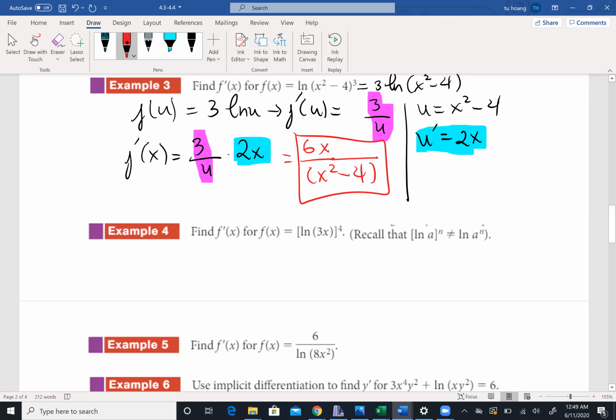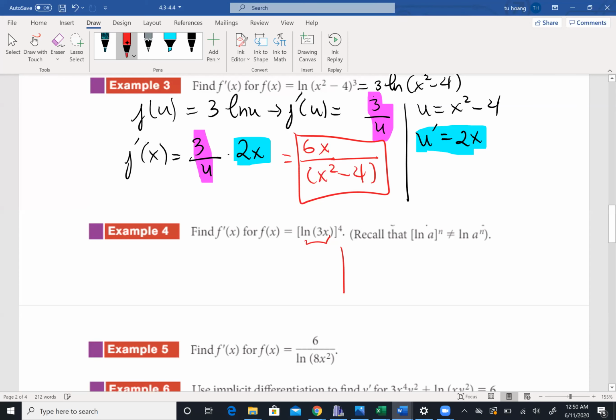The thing here is you have a composition, but the outside and the inside of the function are both a natural log function. So I would like to say use u equal to ln of 3x.